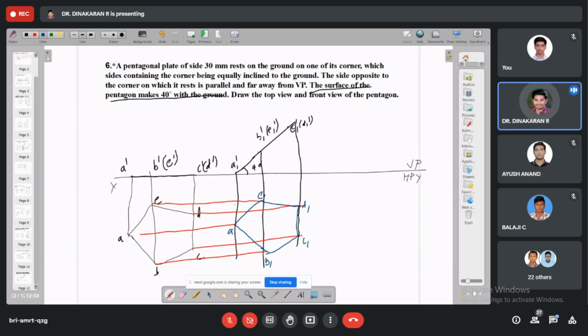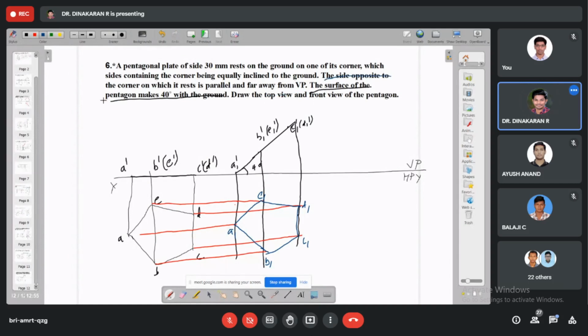Where is the fifth question they gave? A pentagonal plate of side 30 mm rests on the ground on one of its corners, with the sides containing the corner being inclined to the ground. How to draw this problem? Fifth step, very easy problem. They didn't provide an angle.